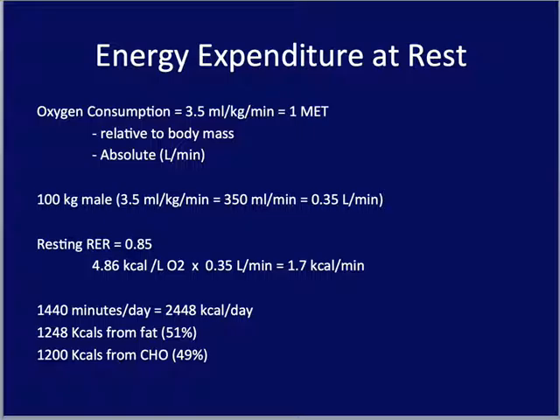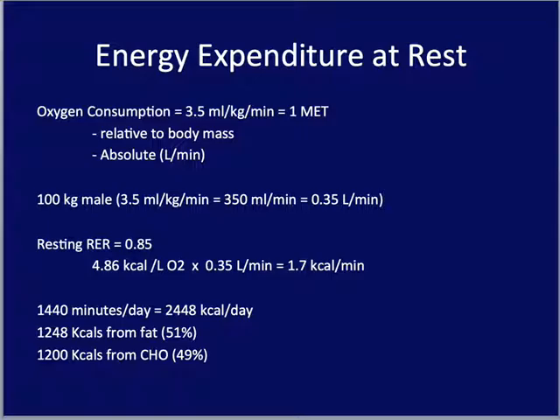So here is a way of roughly estimating. If you don't happen to have a metabolic cart, you can somewhat estimate what someone's basal metabolic rate is. If you're just sitting there, maybe lying down, sitting in a chair, relaxing, just nice, calm breathing, there's going to be approximately 3.5 milliliters per kilogram per minute utilized.